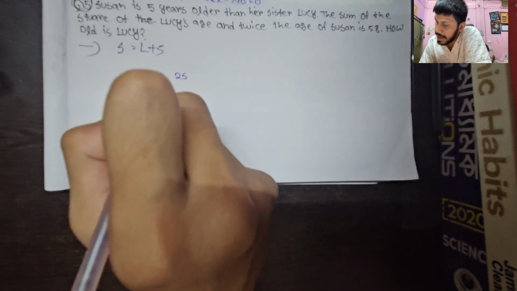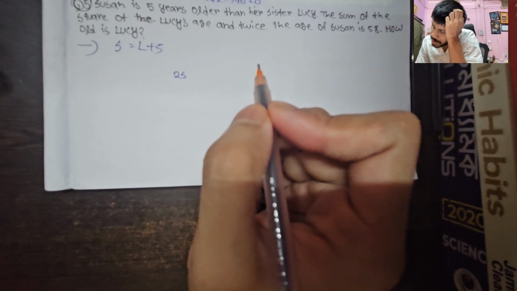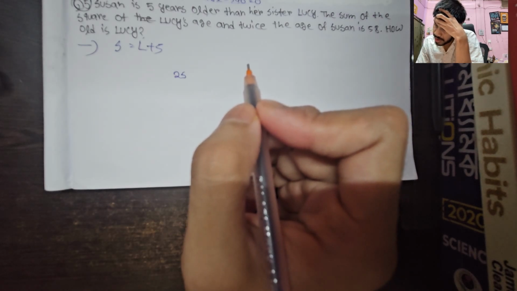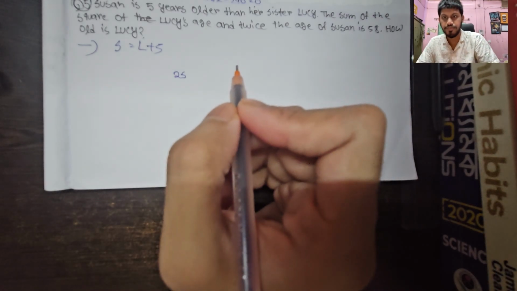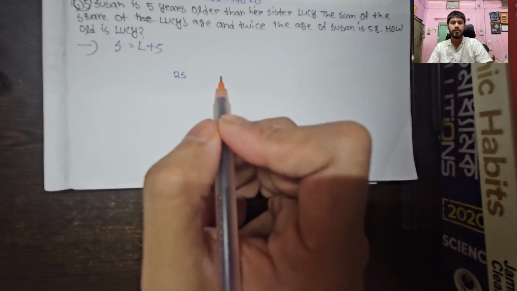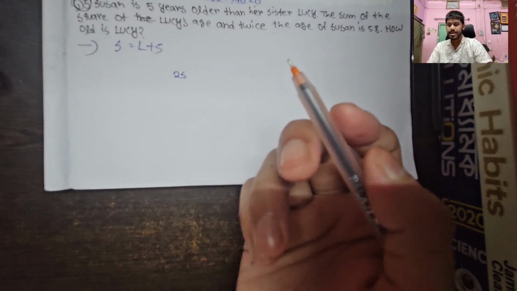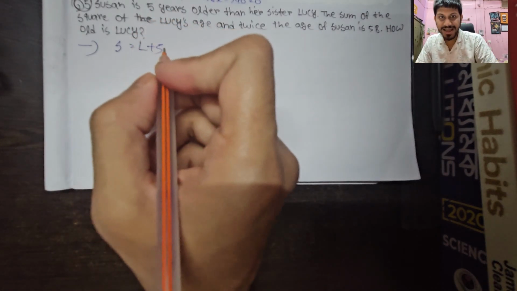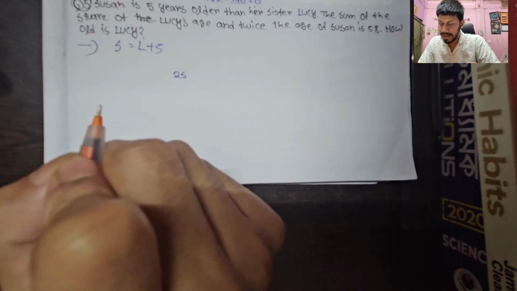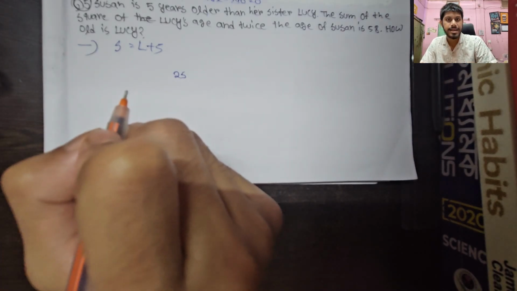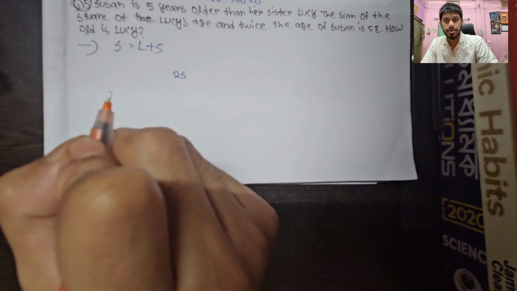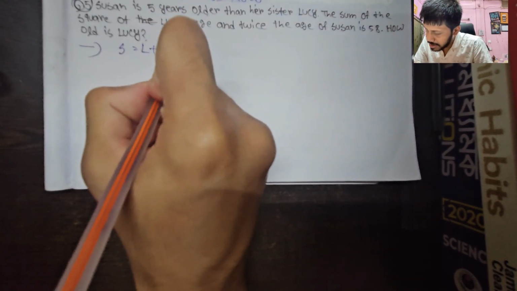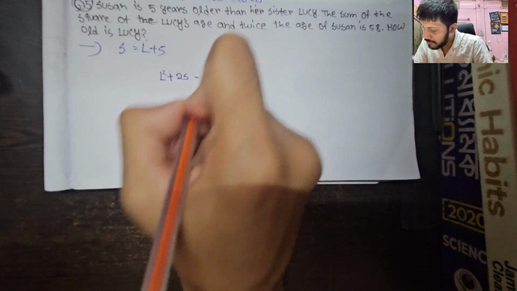What does the sum of the square of Lucy's age mean? That basically means L square, nothing else. So we can write L square plus 2S equals 58.